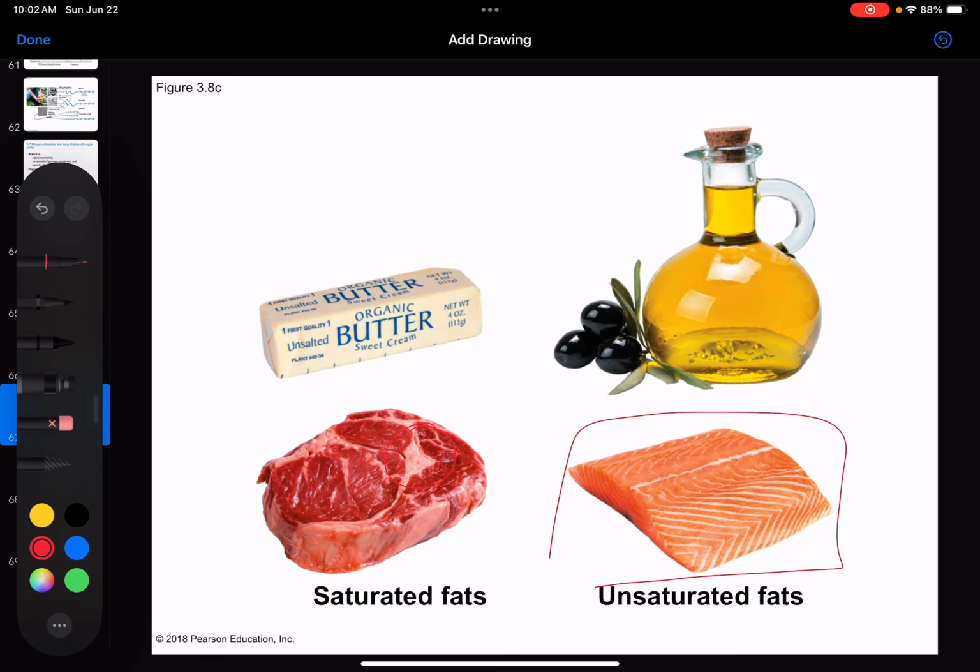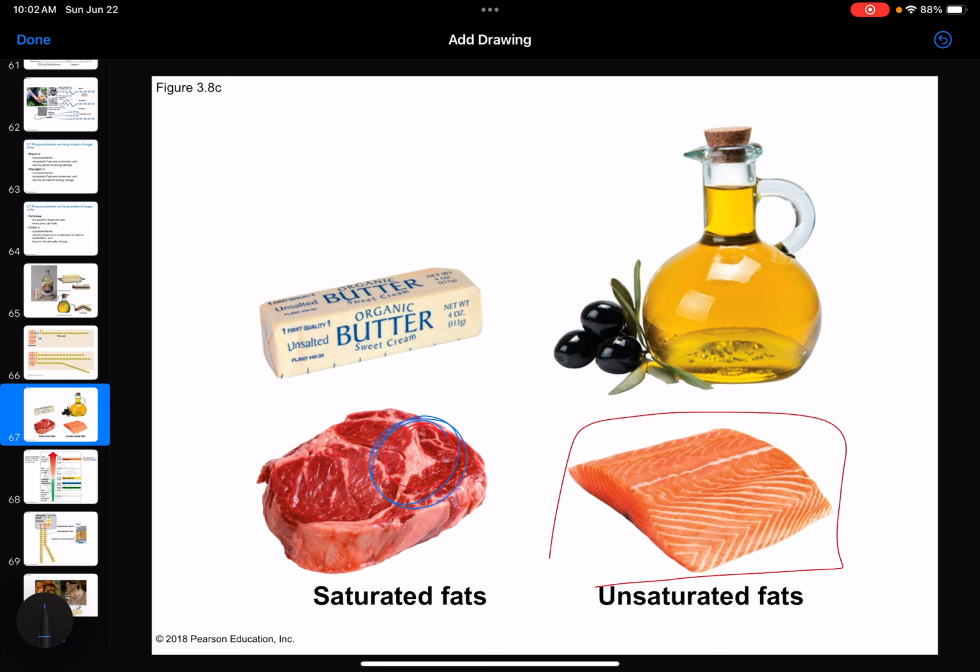Beef stores its fat in a solid form. Most animals do. The vast majority of animals, we store our fat in this solid white form, but not salmon. Salmon is an oily fish. Salmon stores its fat like in oil instead.